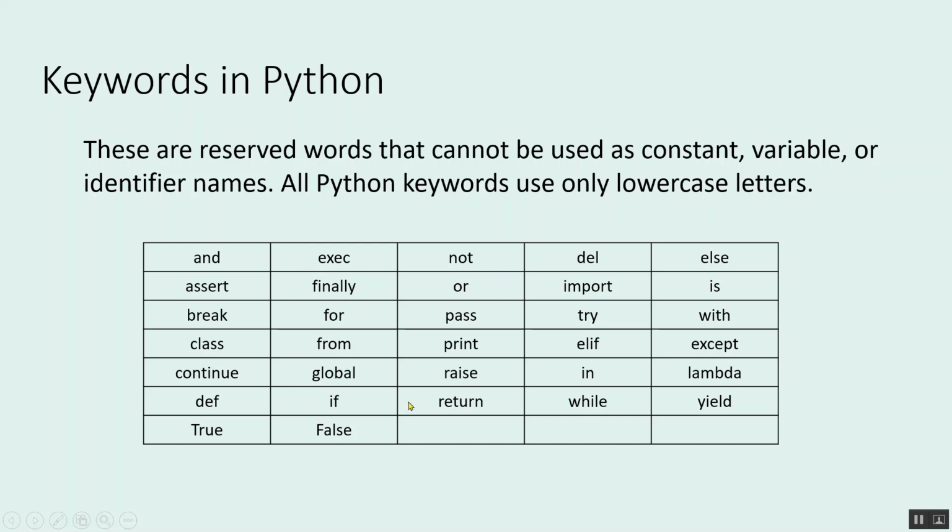We also do not use if or else since they are used to check conditions. Not is for negating a condition. Import is used to include modules, and there are so many other things that you cannot use as a variable when dealing with keywords.